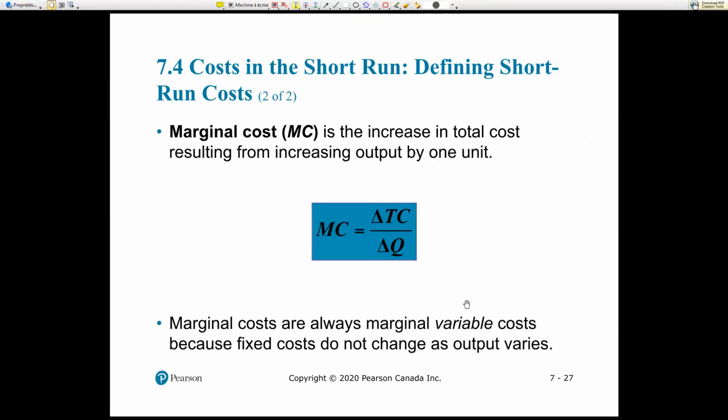And then we have the concept of marginal cost, which is similar to the concept of marginal product. Here, it's the increase in total cost resulting from increasing output by 1 unit.